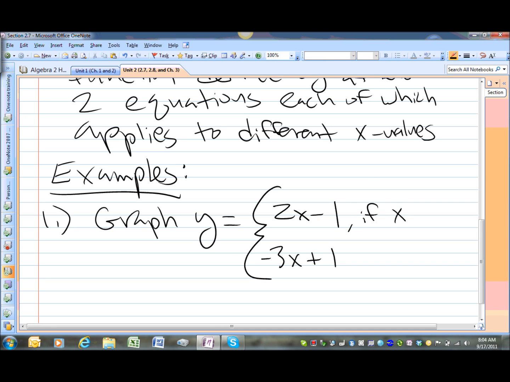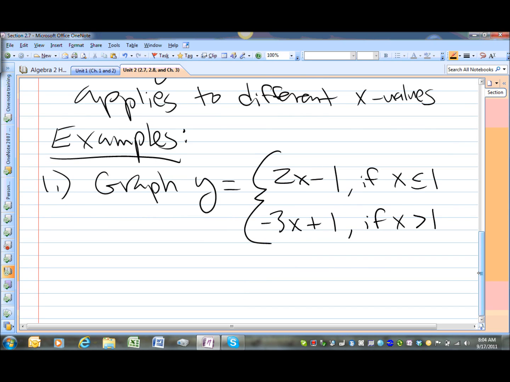If x is less than or equal to 1, and if x is greater than 1. So notice how y equals two different things, 2x minus 1 and negative 3x plus 1, for different values.